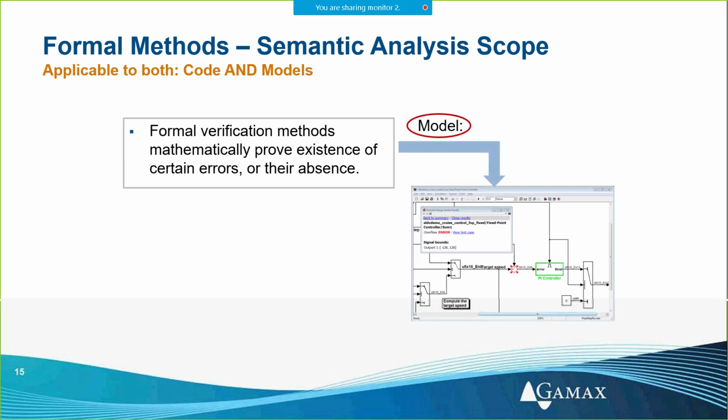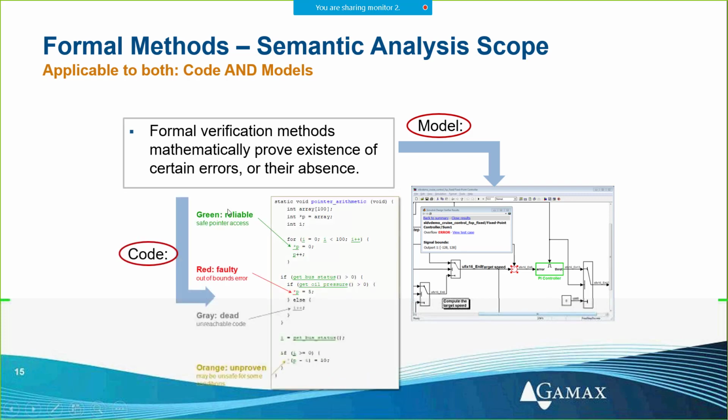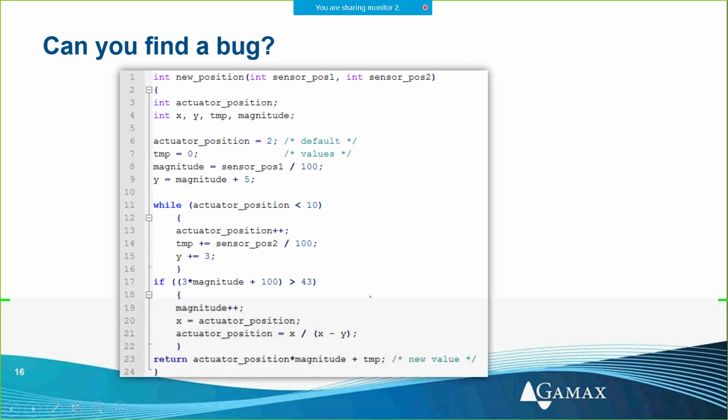In the case of formal verification, we can use it on the model level, and we can also use it on the code level. Some of our customers actually use formal verification quite heavily on the code level, which would look something like this.